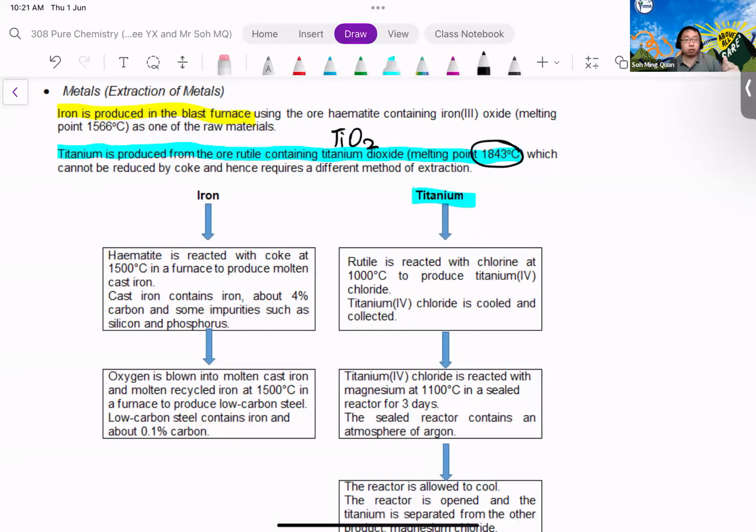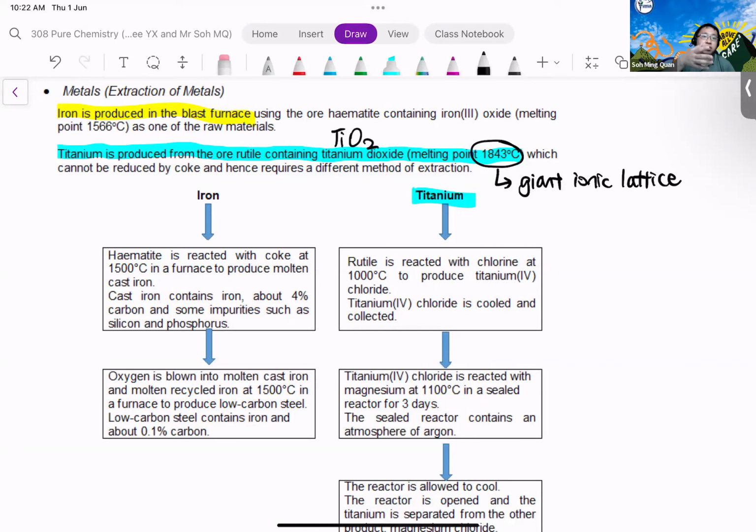Immediately you see, oh my God, the melting point is so high. Clearly, the high melting point of TiO2 tells you it must have a giant ionic lattice structure. Okay? And that gels with what you have learned.